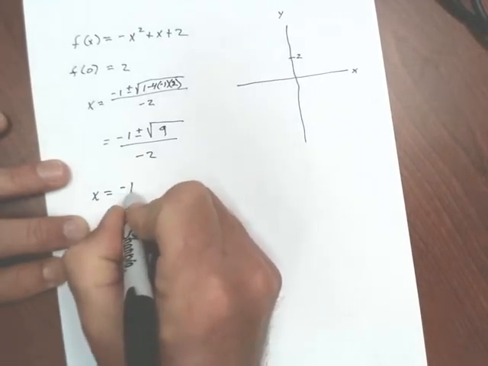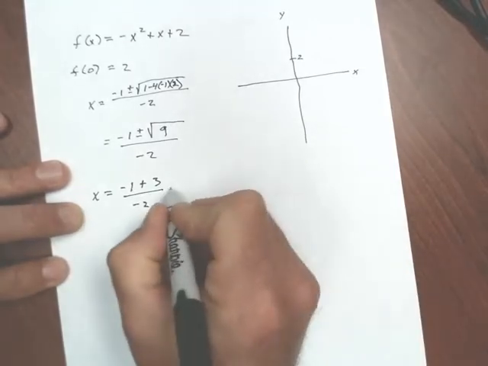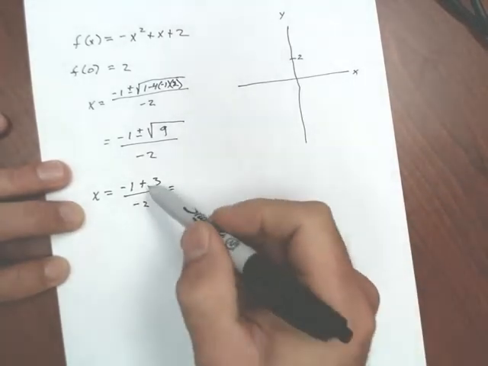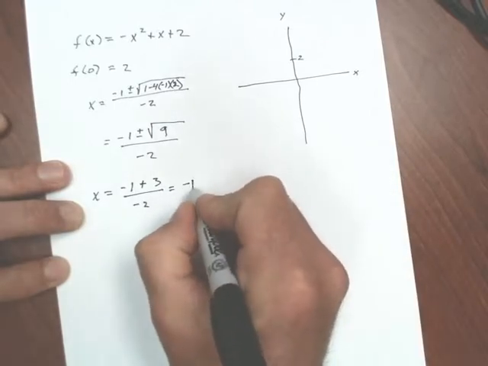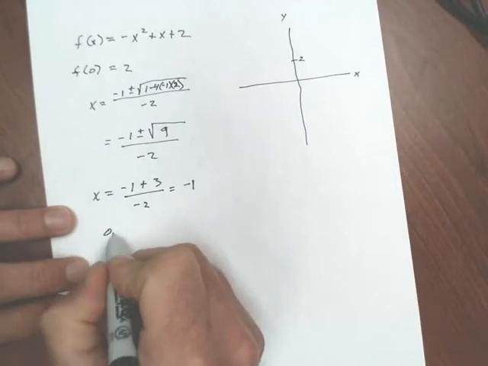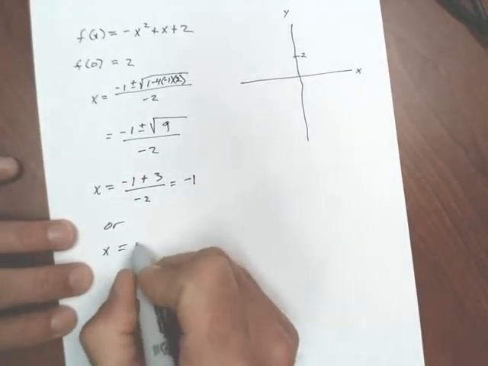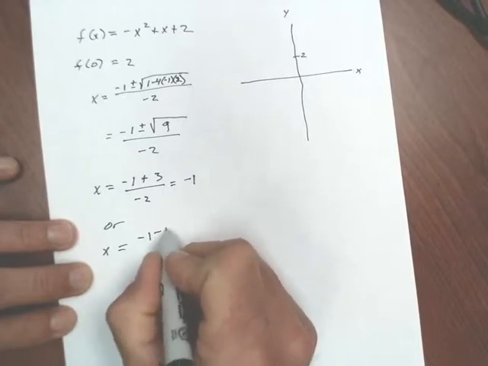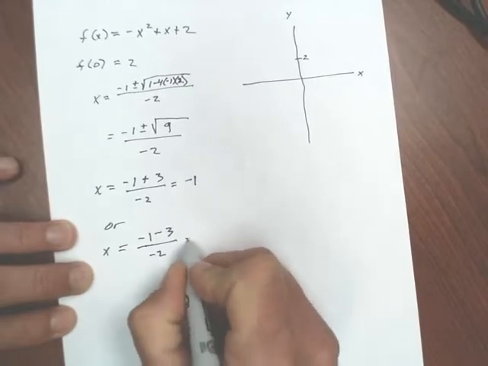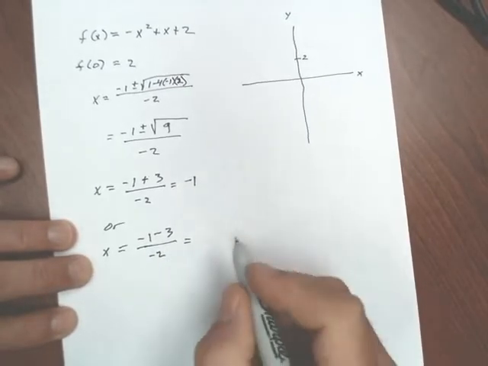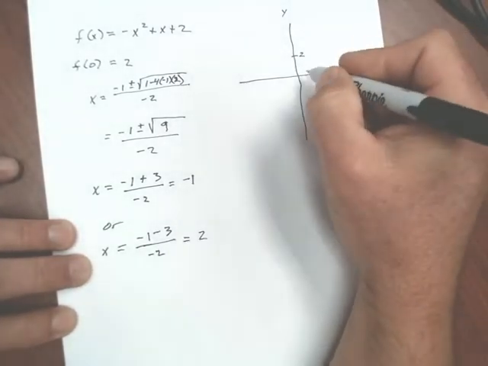So x equals -1 plus 3 divided by -2, which equals 2 divided by -2, which is -1, or x equals -1 minus 3 divided by -2, which equals -4 divided by -2, or 2.